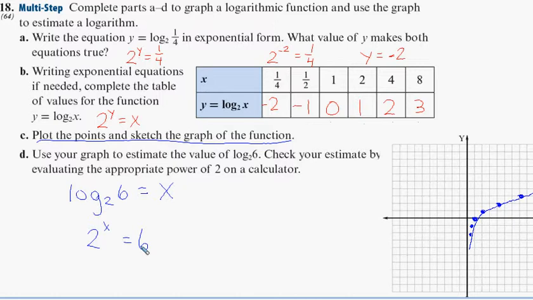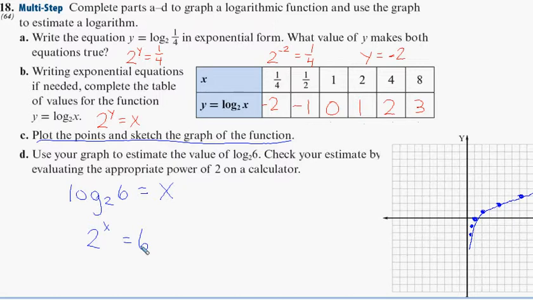When x was between 4 and 8, we got between 2 and 3, okay? So what is it going to be? 2 to the what power is going to give us 6? It's going to be somewhere between 2 and 3, right?